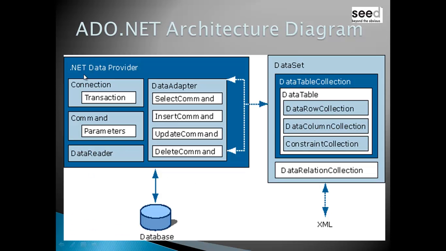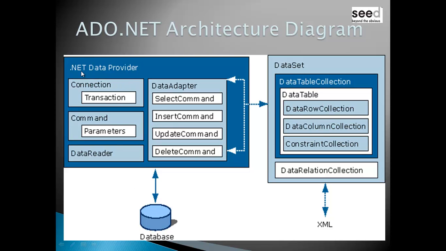It means that if this is the SQL data provider, then the name of the class will be SQL connection class, which is specially written to access data from a SQL database. SQL command class is specially written to execute commands on a SQL database.